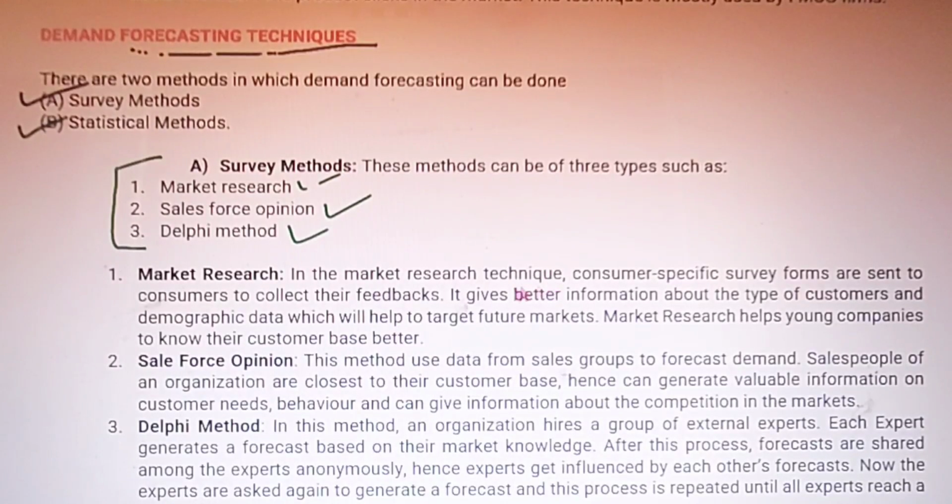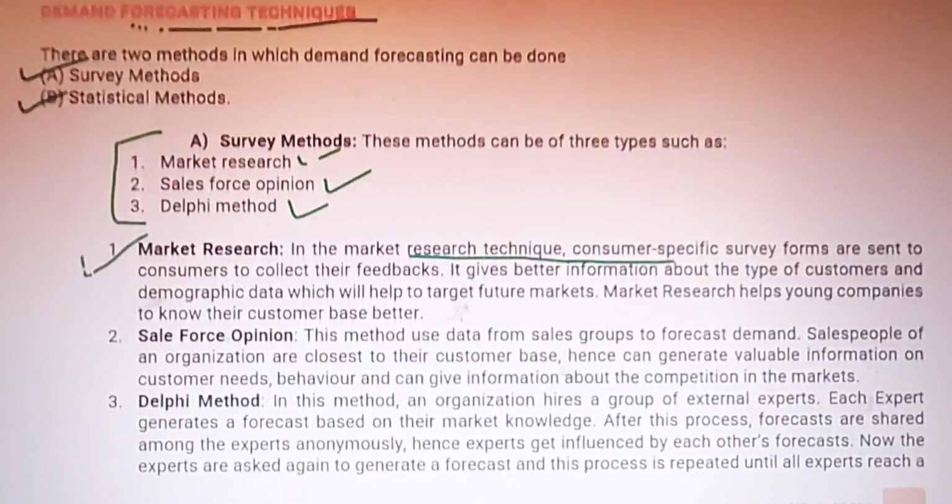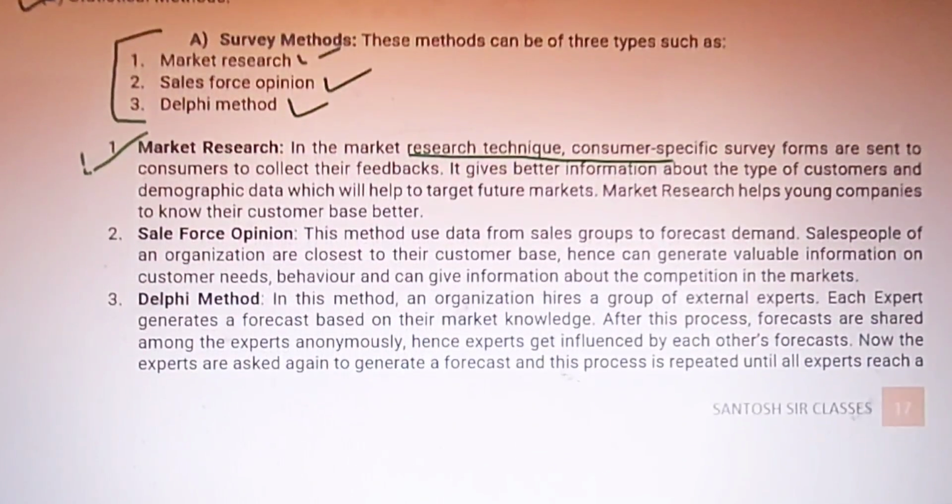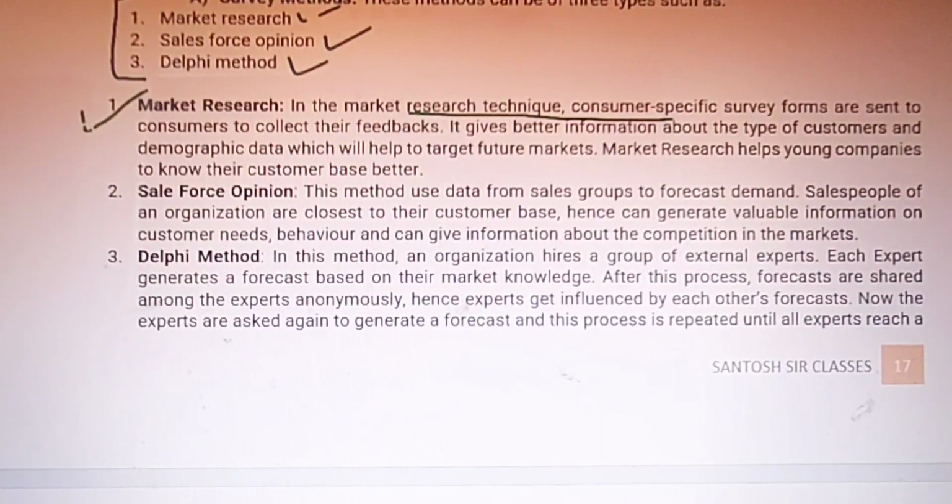Market research is the more popular method. Here a type of survey is made of the consumers, and a lot of information is gathered from the market about the demand, income, literacy rate and social status of the consumers, and accordingly the firm decides the prices of the product.